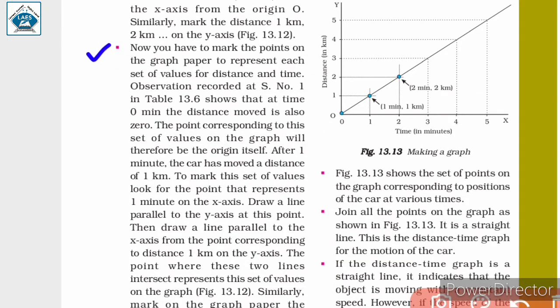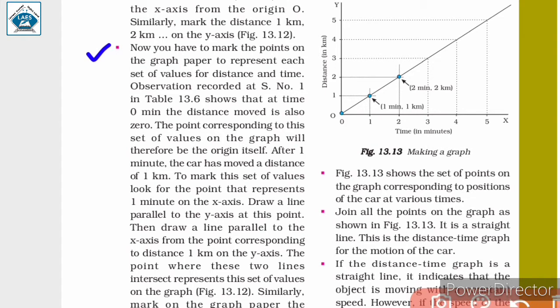Now you have to mark the points on the graph paper to represent each set of values for distance and time. Observation recorded at serial number 1 in table 13.6 shows that at time 0 the distance moved is also 0. The point corresponding to this set of values on the graph paper will therefore be the origin itself.